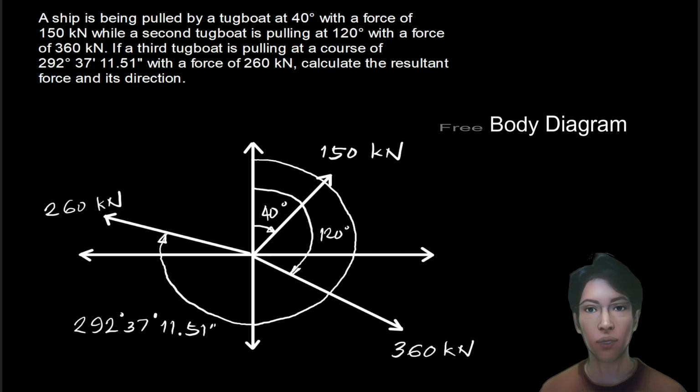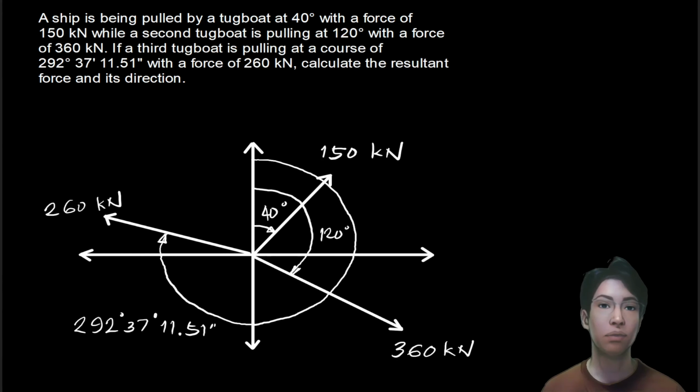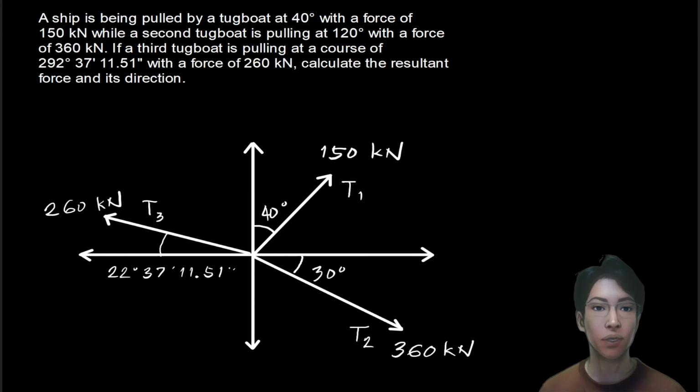The free body diagram is a representation of the forces acting on a body. I will now label the first tugboat as T sub 1, T sub 2 as the second tugboat, T sub 3 as the third tugboat. And with this, I have simplified the diagram.